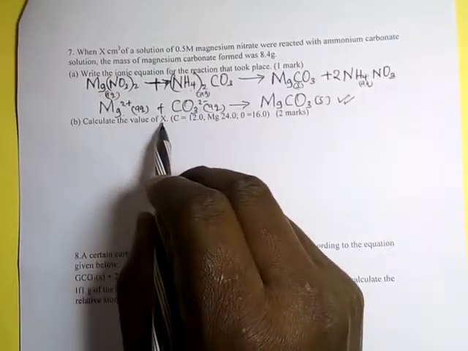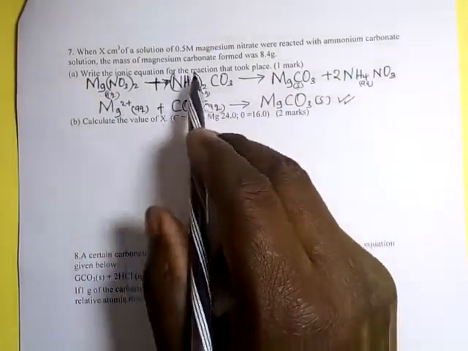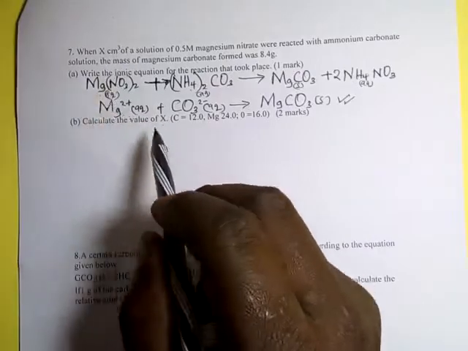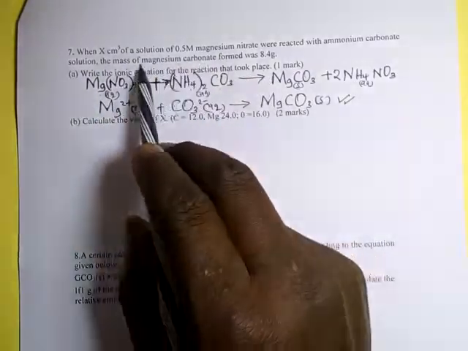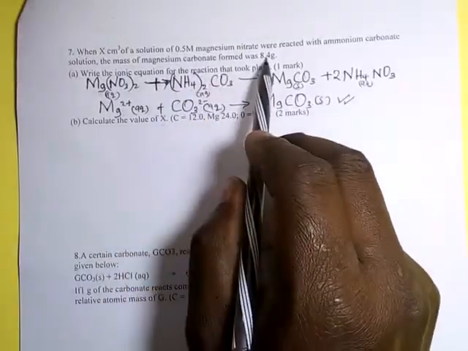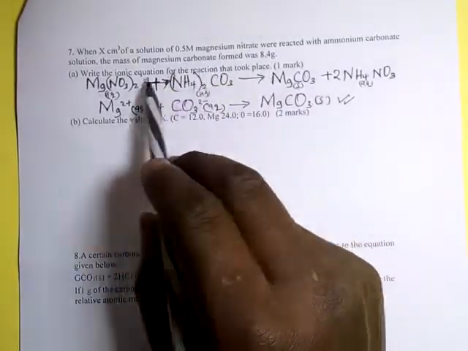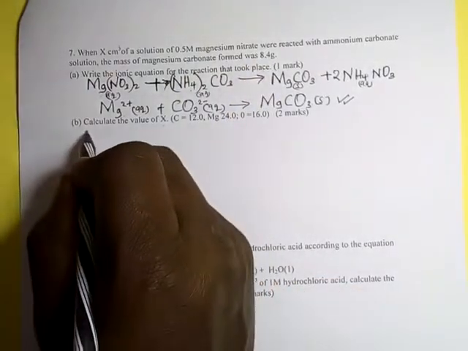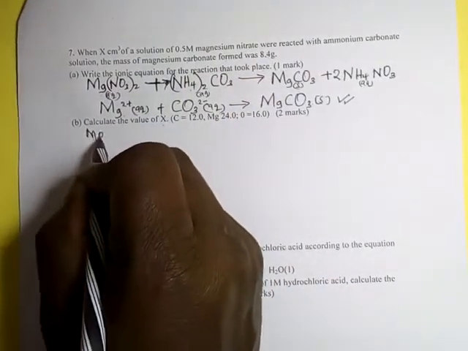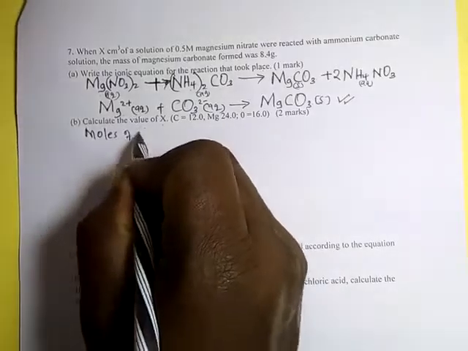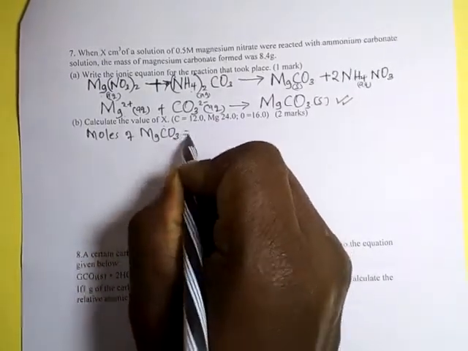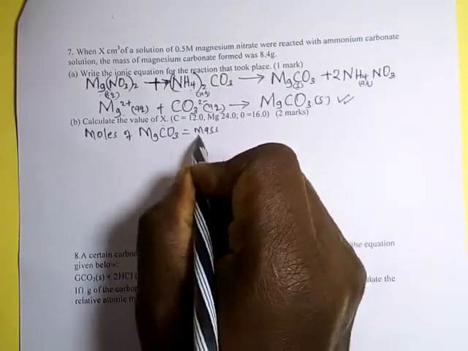Calculate the value of x in this. So we want to calculate the value of x, but we have been given the mass of magnesium carbonate formed. If we have the mass of magnesium carbonate, we can get the number of moles. So let us get the moles of magnesium carbonate formed, equal to mass over RFM.